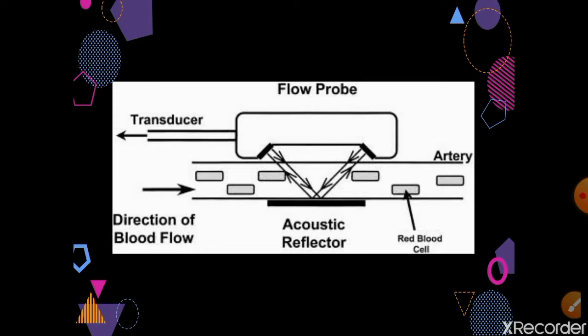This sound is reflected by the red blood cells flowing in the blood. The ultrasound waves reflected back from the RBCs are picked up by the probe. These reflected waves have a lower frequency than the wave which was initially transmitted. This is known as the Doppler effect, and it can help calculate the flow of blood through a blood vessel.